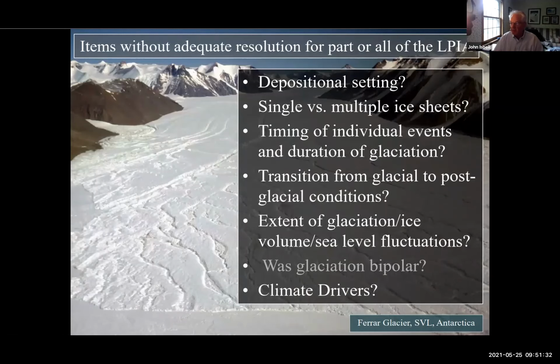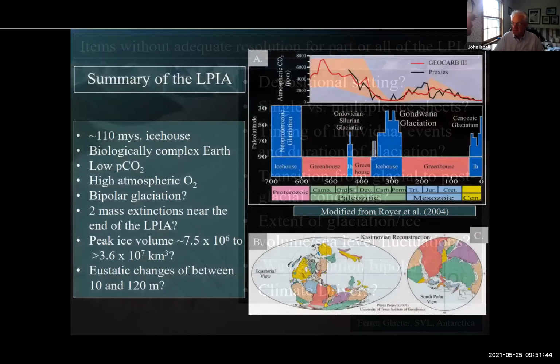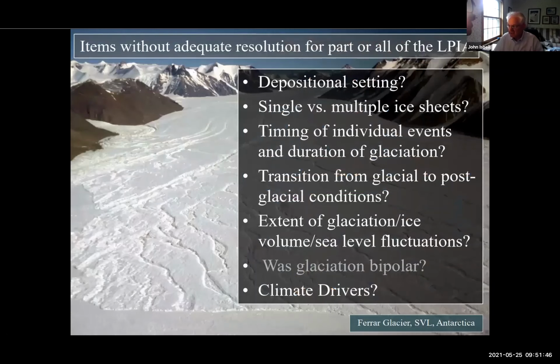Items that continue to be poorly resolved include the number of ice sheets that occurred during the Ice Age, identification of individual events in time and space, determining the nature of the transition from icehouse to greenhouse conditions, determining the relationship between ice volume and the distribution of seawater across the world's oceans, determining if bipolar glaciation occurred, which I won't address today, and finally, determining and understanding the significance of local, regional, and global climate drivers.